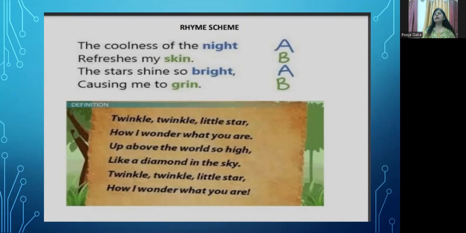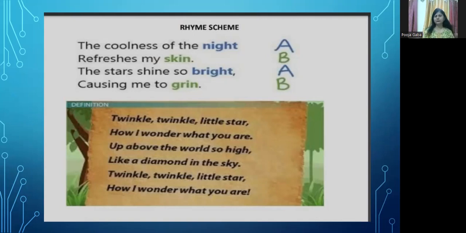For all the new words which have not been repeated earlier, they will keep getting the next new letter. Like if after C also, if we get another word which has not rhymed with any of the previous ones, it will get a letter D. And whenever the next word will be repeated with the same rhyming sound, it will get the same letter. I hope it's clear now.